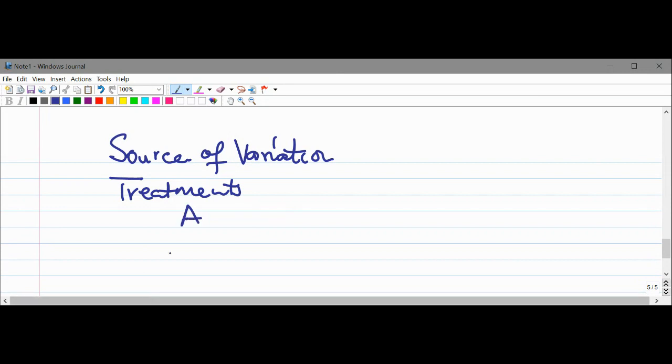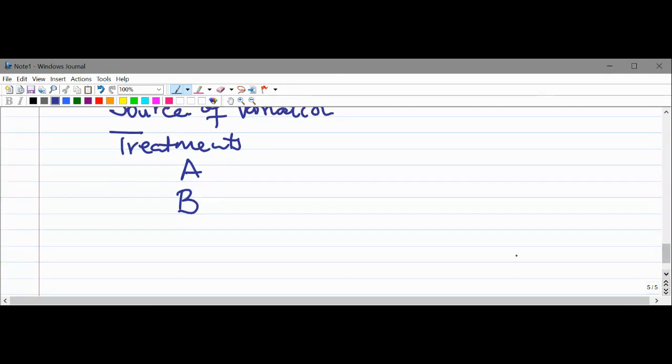And then we'll have A, B, these are the main effects. We'll have interactions, which is AB in this case, and we have error.